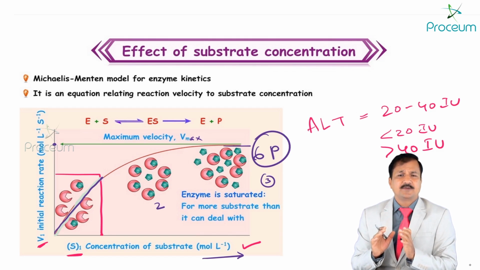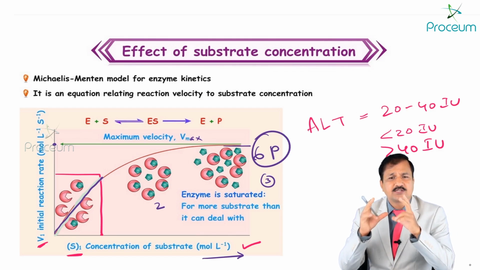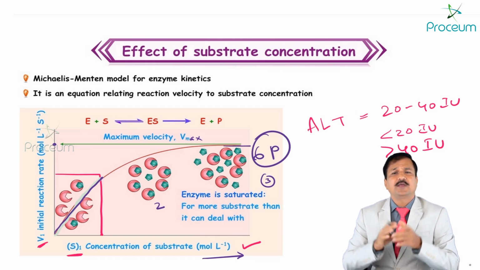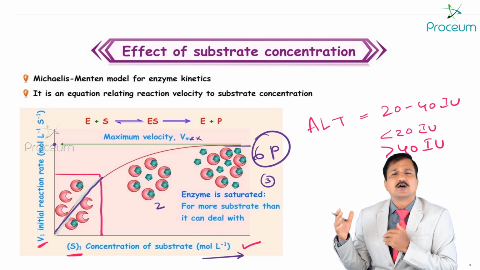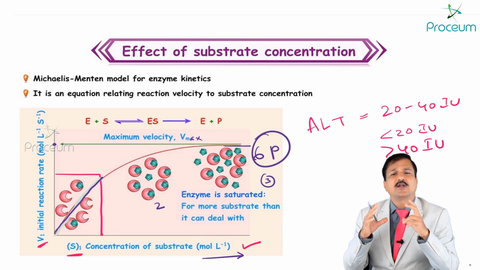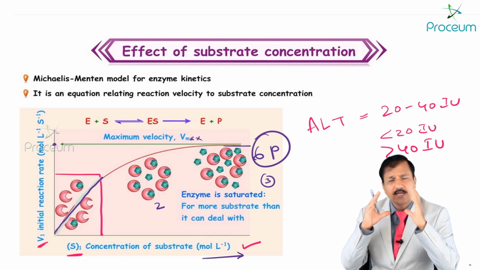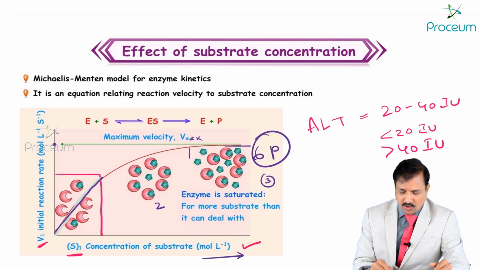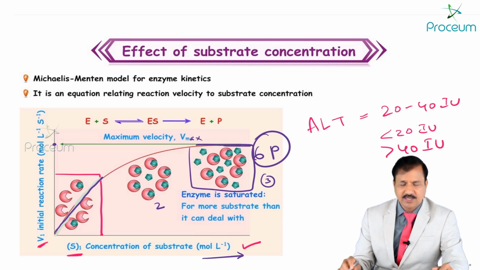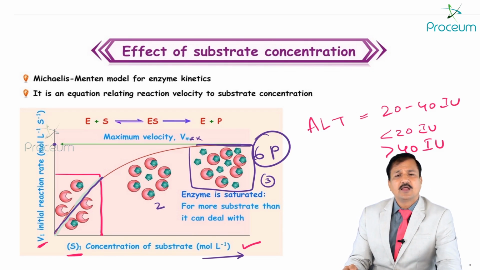Some of our enzymes will be saturated with the substrate. The concentration of these enzymes will be much lower than the substrate that is available. Most of the time they will be saturated with the substrate, and they will be working at 0 order kinetics. Number 3 in this figure is the saturation kinetics, which is also called 0 order kinetics.